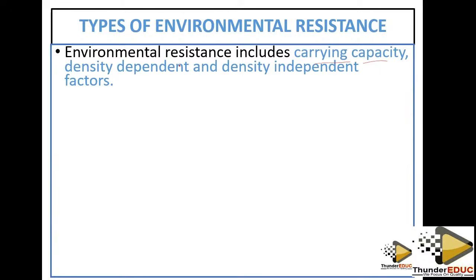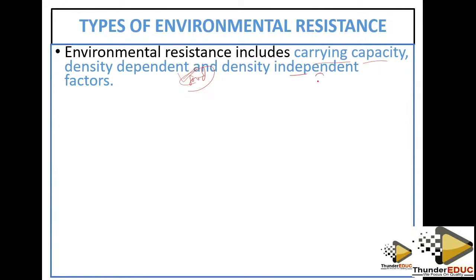Density dependent factors are factors which depend on the number of individuals in a population. An example is food. Food availability will depend on how many individuals are there in the population.